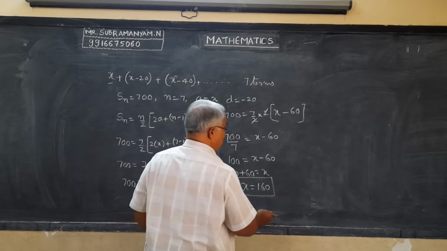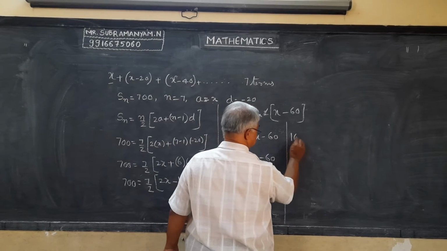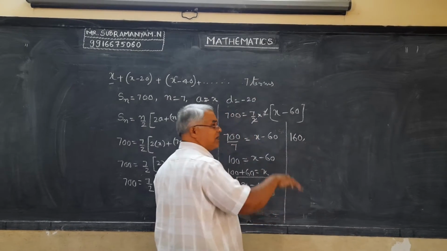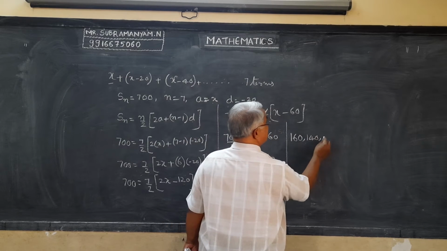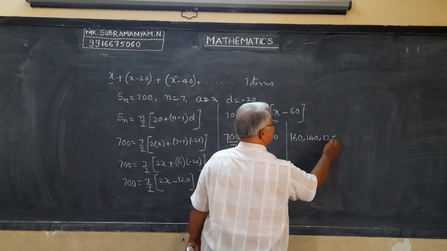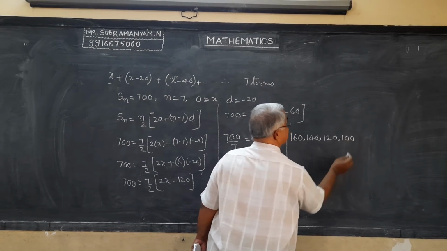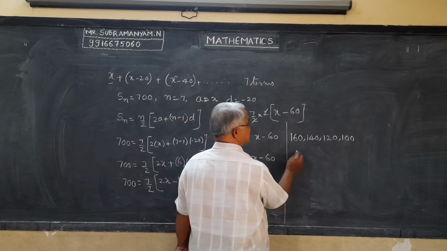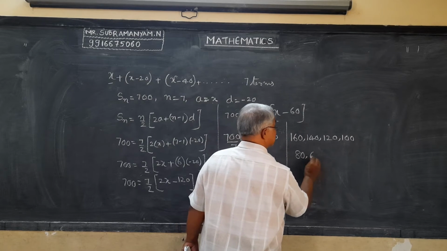Now let us write all the prices here. The first one 160 rupees. Second one 20 rupees less, 140. Again 20 rupees less, 120. Again 20 rupees less, 100. Again 20 rupees less, 80. Again 20 rupees less, 60.